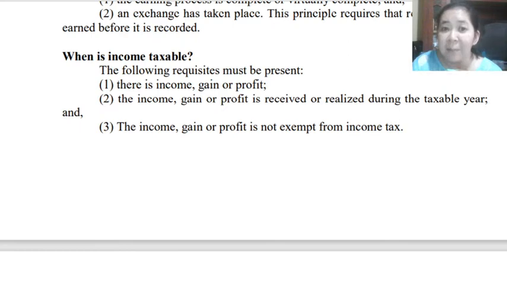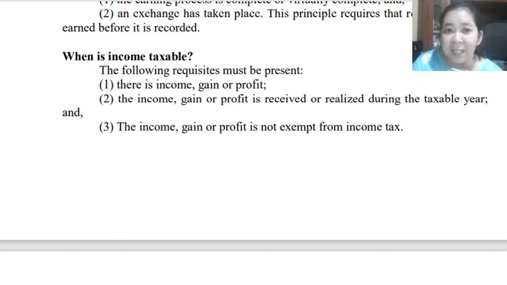Second, the income, the gain or the profit is received or realized during the year. Okay, so meaning you already received it, or you have already rendered your service or transferred the ownership to the buyer, okay, during the year, okay, for you to realize your income. So if that is the case, then that income earned is now subject to tax.